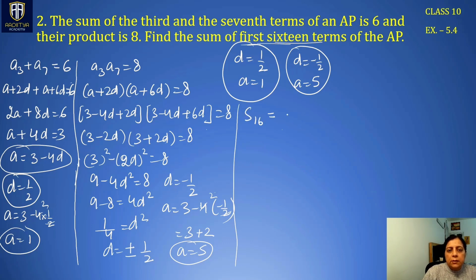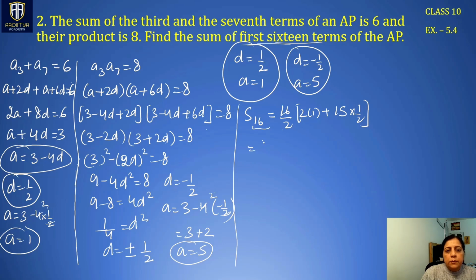S16 in the first case becomes 16 by 2, 2A, where A is 1, plus n minus 1 times D. N minus 1 becomes 16 minus 1, 15. D is half.